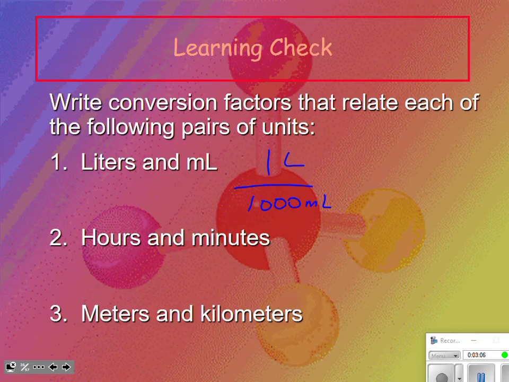What about hours and minutes? Hours and minutes. Alex, right? 60 minutes, 1 hour. That could be our conversion factor, or vice versa, flop it. What about meters and kilometers?